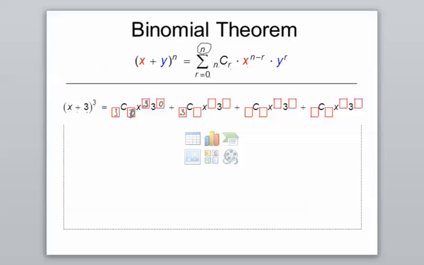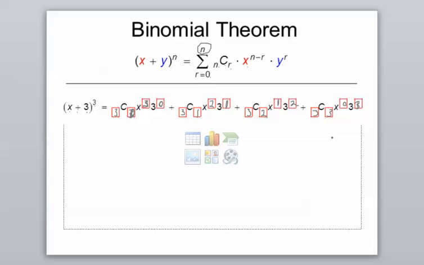So this one's going to be a 3. That one's not going to change. This one's going to become a 1. This is going to become x squared, and it's going to be 3 times 1, 3 to the first. And so this one would be 3, this one would be 2, this one would be 1.